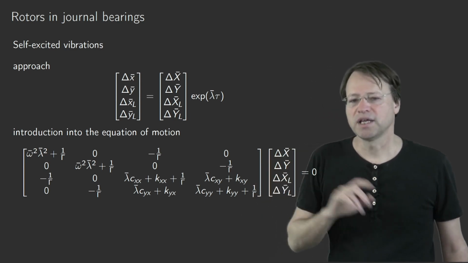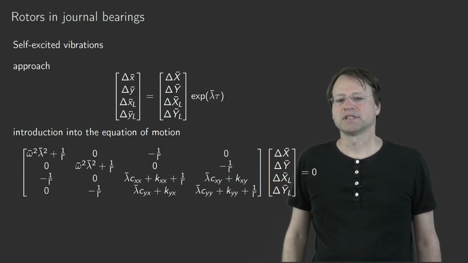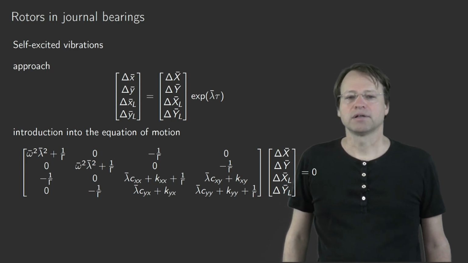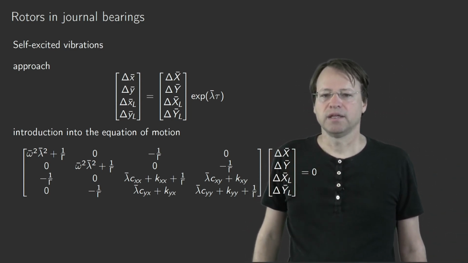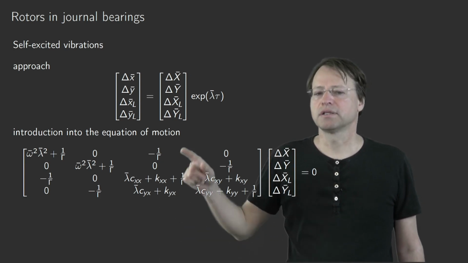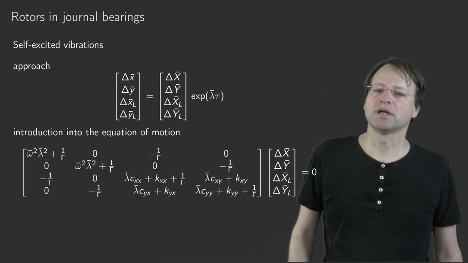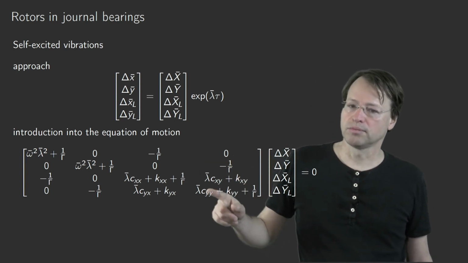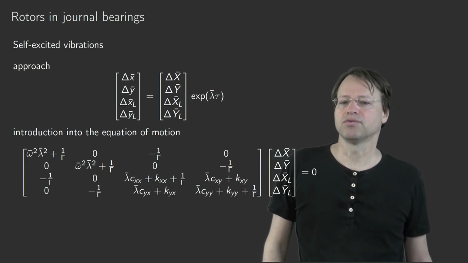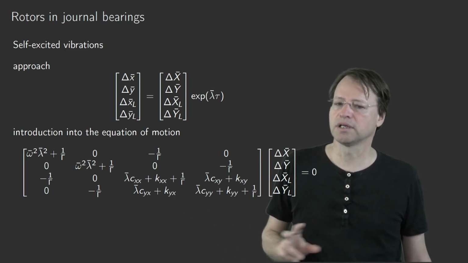So from this we get our sixth order characteristic polynomial, but the only difference in that sixth order polynomial is that at some places this 1 divided by gamma appears. All the other terms in that coefficient matrix are already well known and are the same.